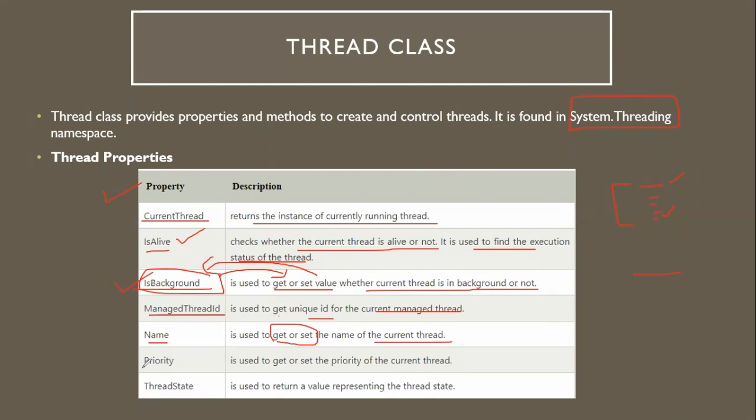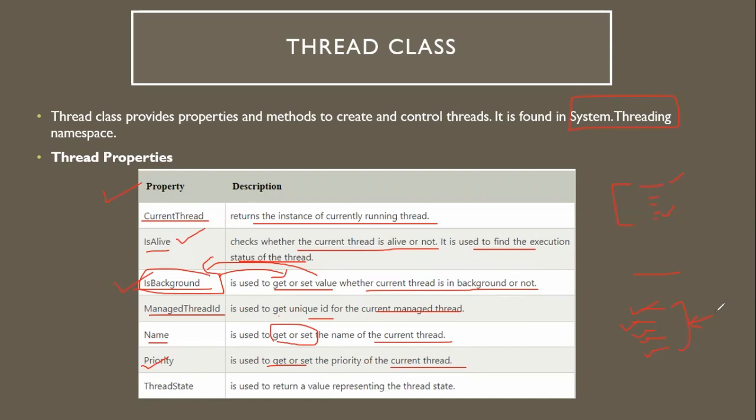The Priority property is used to set and get the priority of the current thread. If I have 5 threads, I can set the priority of this thread, this thread, this thread, this thread, this thread. Priority can be lowest, priority can be highest.